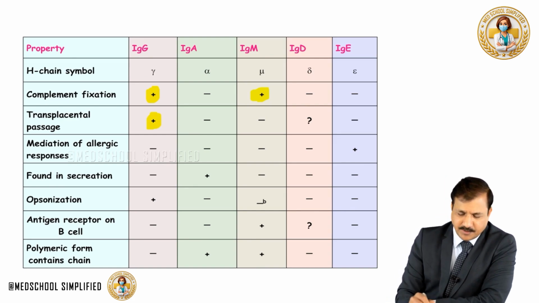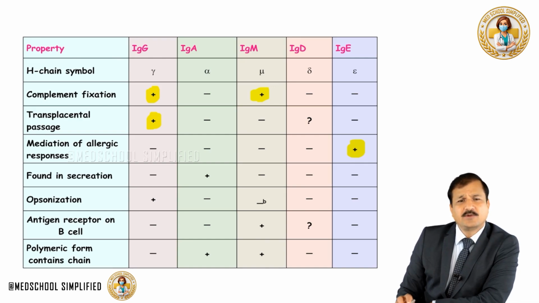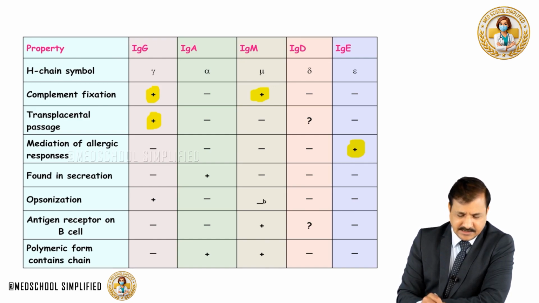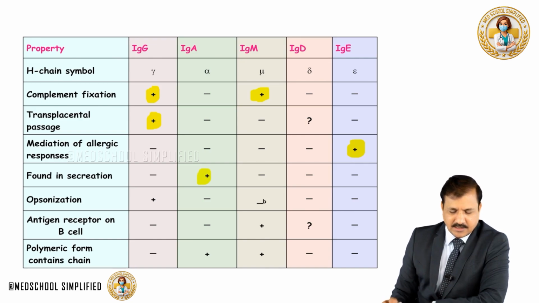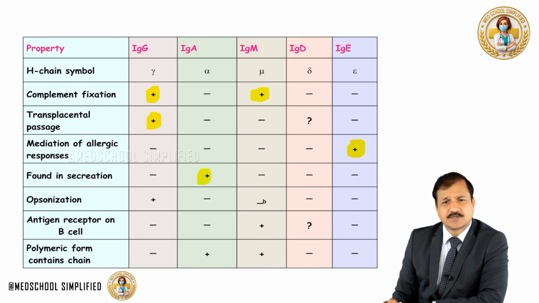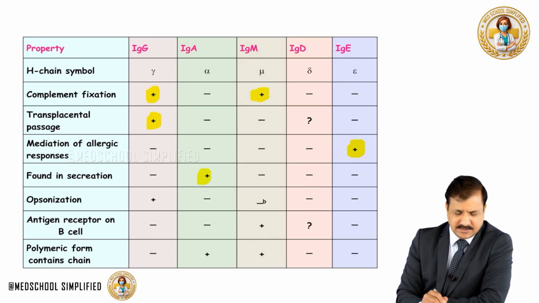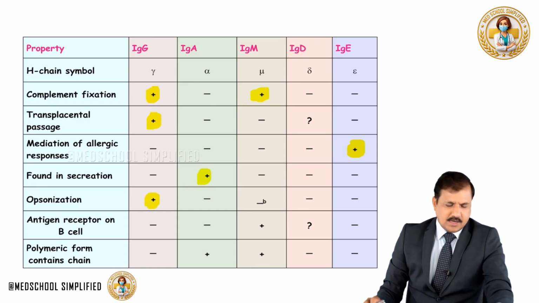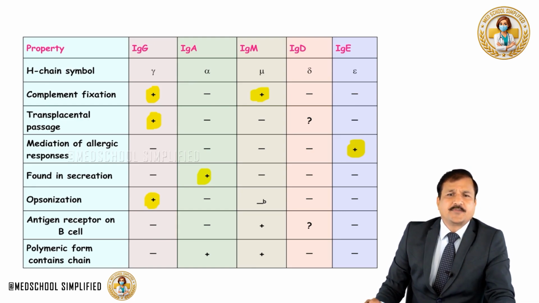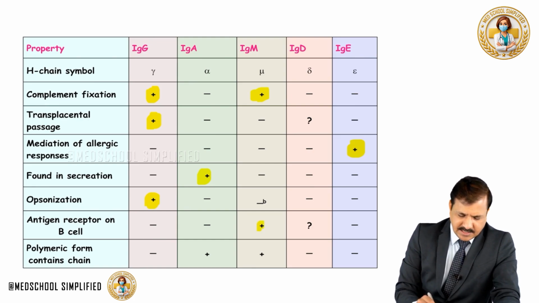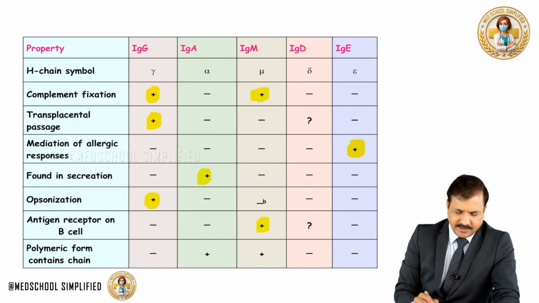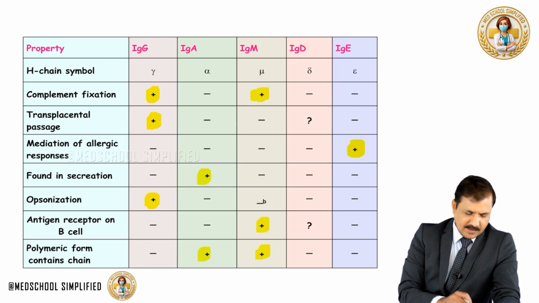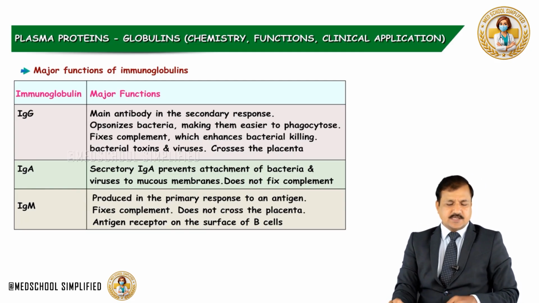Mediation of allergic response is done by IgE, and the immunoglobulin that is found in secretions is IgA, and the immunoglobulin that has an opsonization mechanism is IgG, and the antigen receptor on B cells is found in IgM. Polymeric forms containing a J chain are IgA and IgM. So, these are some of the characteristics there.